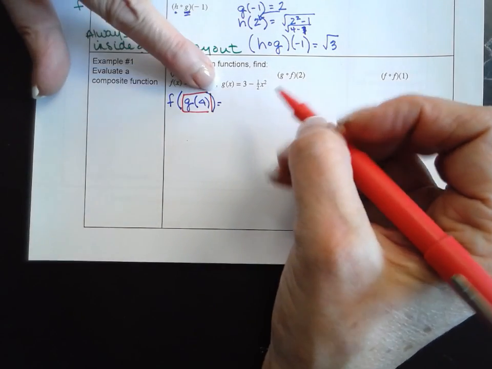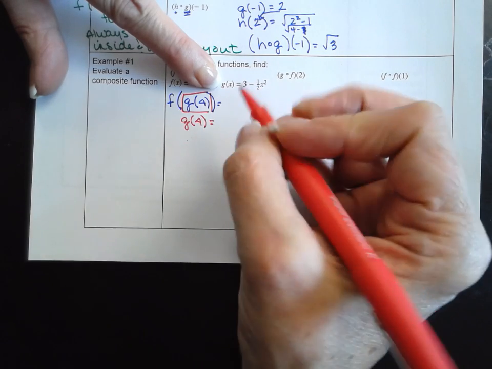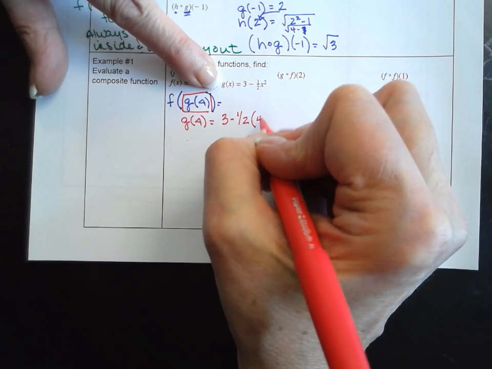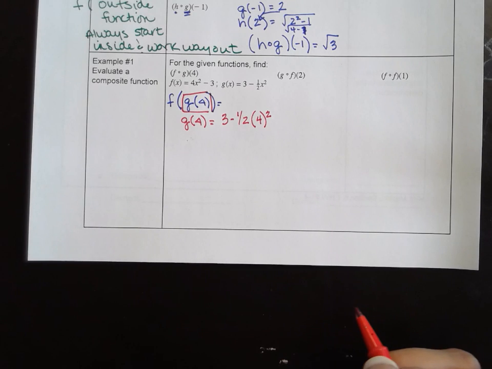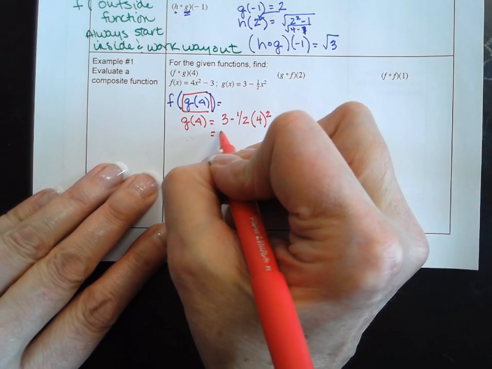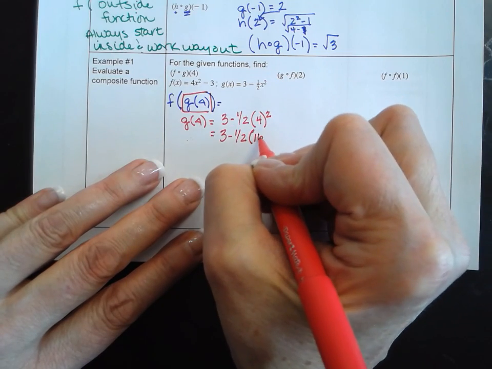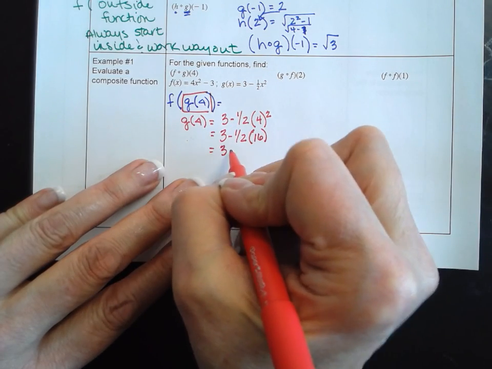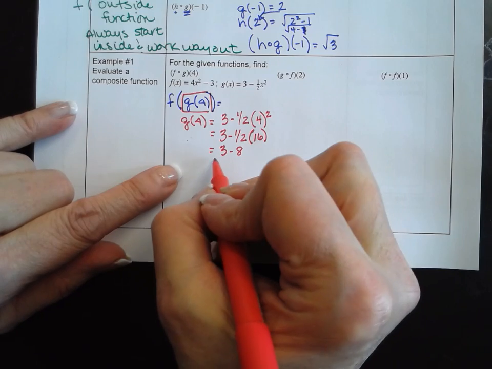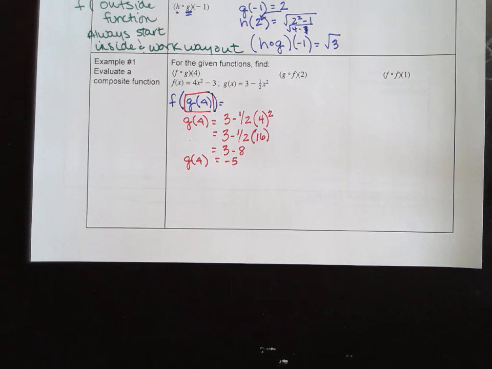My g of 4 is going to be 3 minus 1/2 of 4 squared. So 3 minus 1/2 of 16. And so the g of 4 is going to give me negative 5.